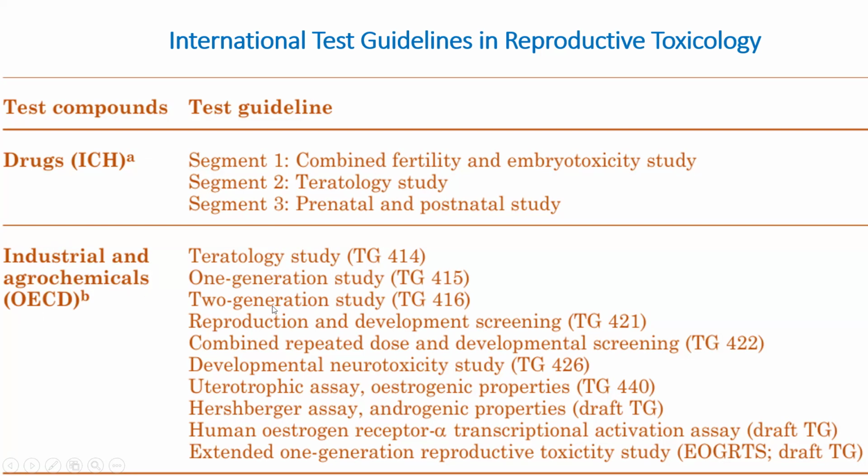You have various guidelines like teratology study TG414, one generation study TG415, two generation study TG416, reproduction and developmental screening, combined repeated dose and developmental screening, developmental neurotoxicity study, uterotrophic assay, and osteogenic properties. All these OECD guidelines are also available on the website.